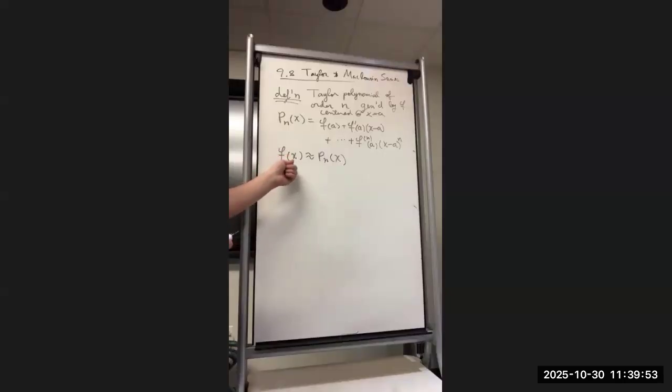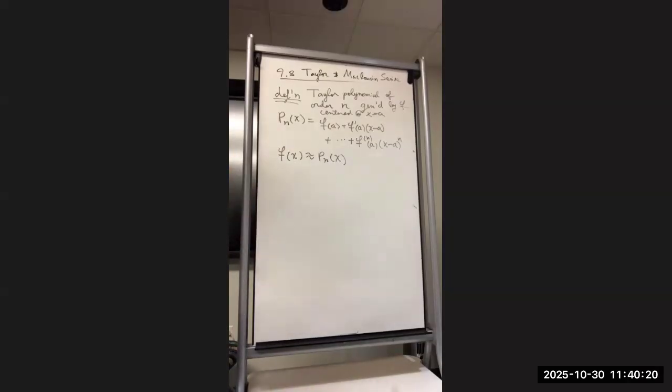Derivatives of this may be hard to compute. Derivatives of this are relatively easy to compute because it's just a polynomial. Derivatives of polynomials don't get much easier than that. This thing will have singularities, meaning there are things where if I plug in 0, it'll blow up, but this is just a polynomial. It doesn't blow up.